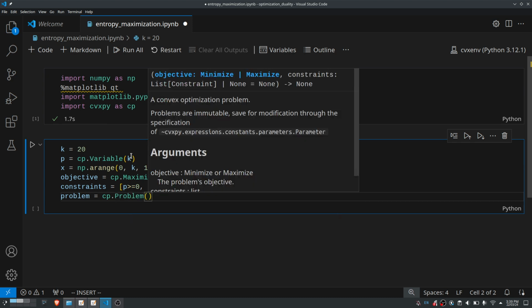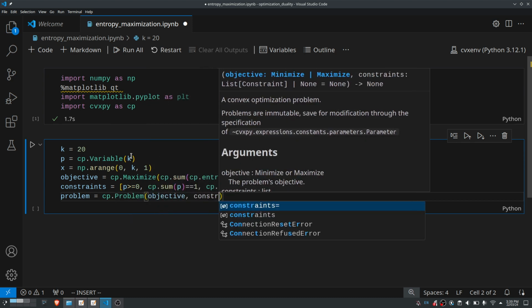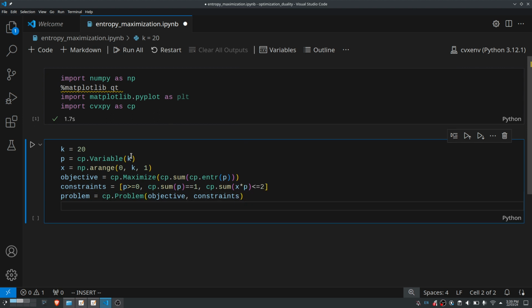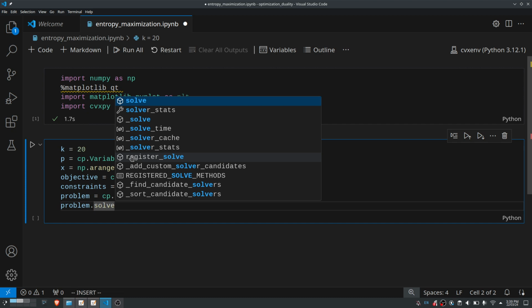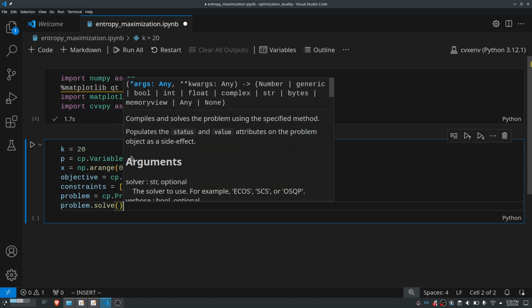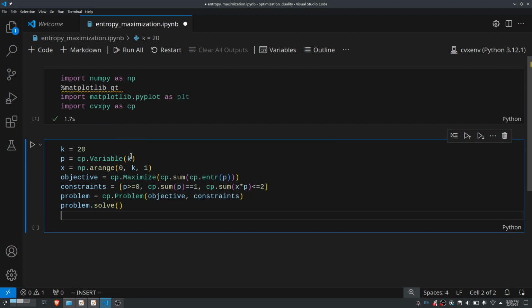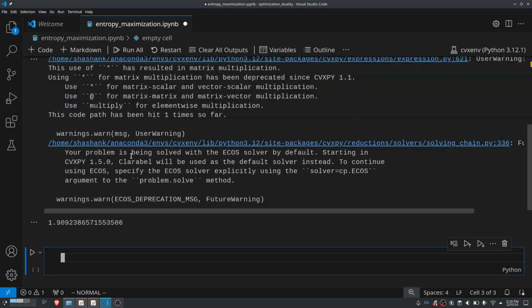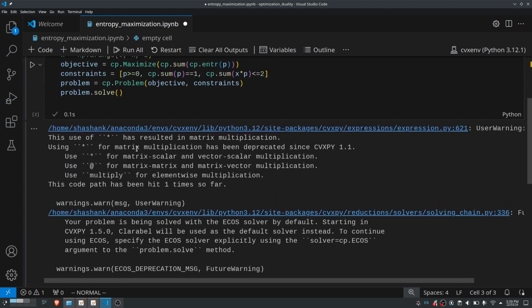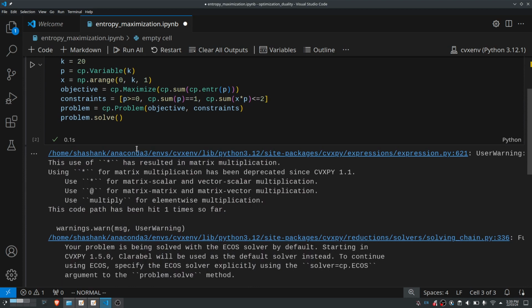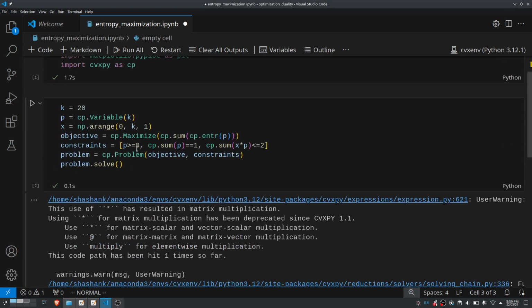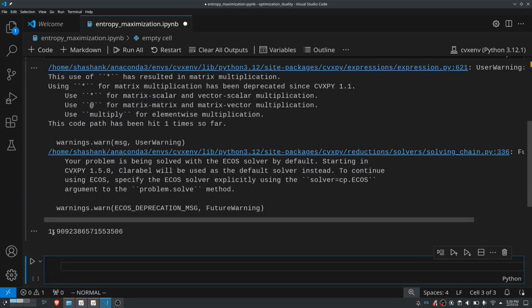Problem, objective, constraints. So if I run this, then it will solve the problem. Okay, so it throws up a bunch of things. So it turns out that the maximum entropy is equal to 1.9 something.